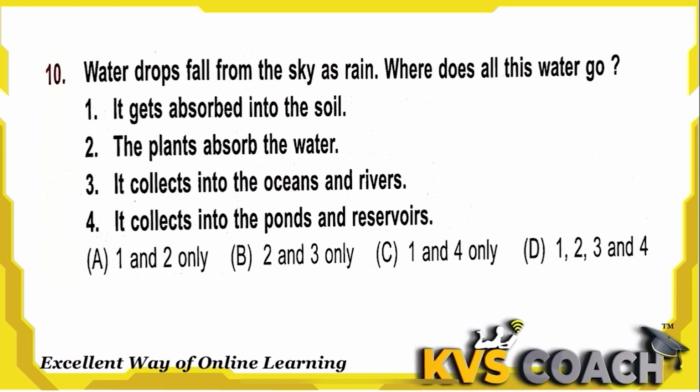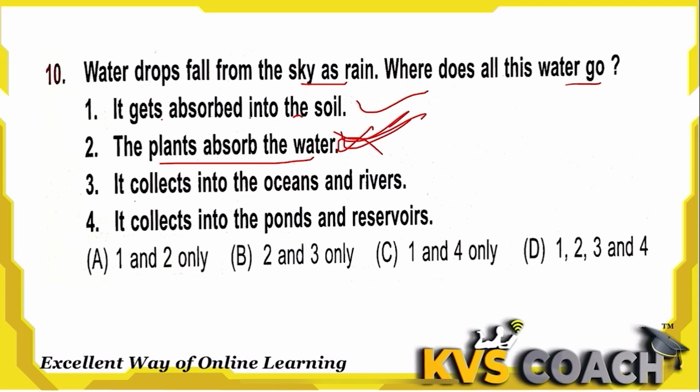Next question is, water drops fall from the sky as rain. Where does all this water go? Look, it gets absorbed into the soil. Not all water goes, but yes, some water is absorbed by the soil, and plants absorb the water too.